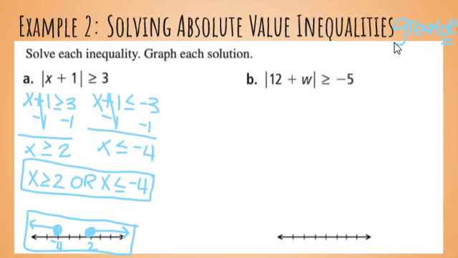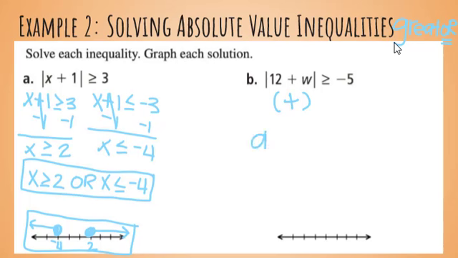So now for our other one, we have the absolute value of 12 plus w is greater than or equal to negative 5. So again, absolute value is distance from 0. Distance is always going to be positive. So we have a positive value that's going to be greater than or equal to negative 5. Any positive number is going to be greater than negative 5.